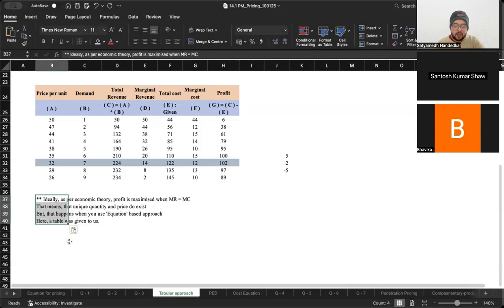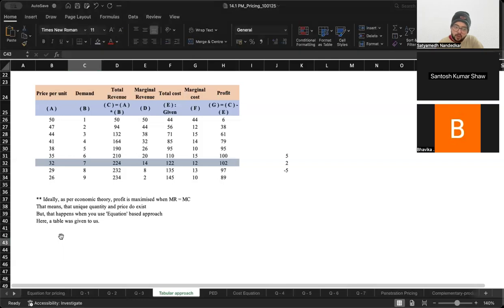So economic theory might tell you that MC is equal to MR, and it is absolutely true. There is nothing wrong with it. The only problem is that if you apply and solve an equation, you might get 0.3, 0.4, 0.5, 7.4, 7.6, something like that, and that will not yield any optimum answer. So when a table like this is given to us, you have to calculate the total cost, total revenue, marginal cost, marginal revenue.